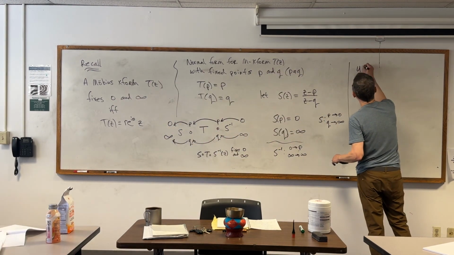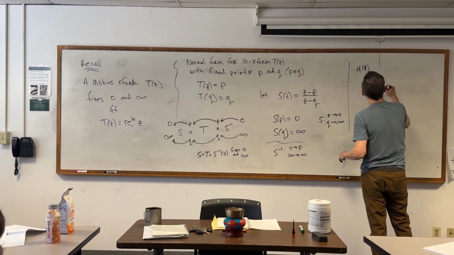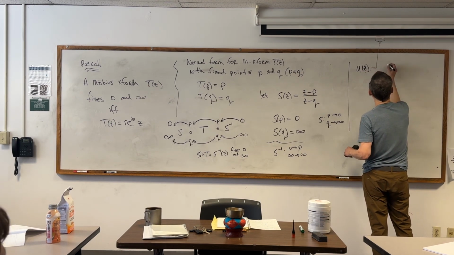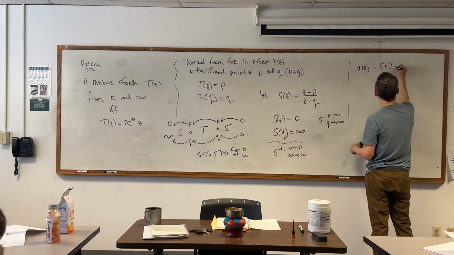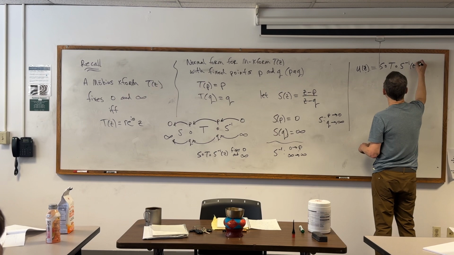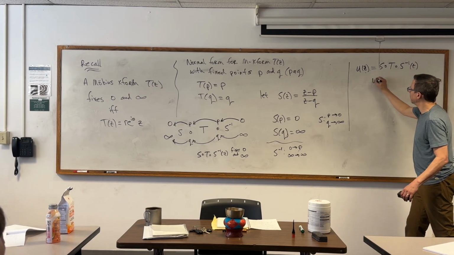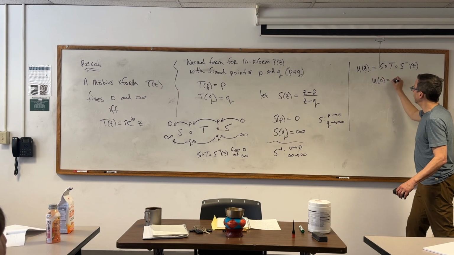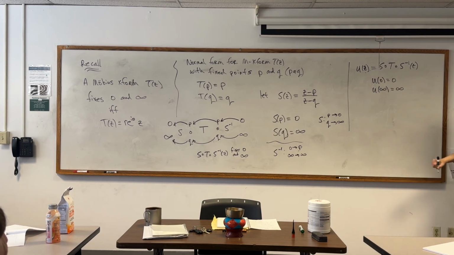I'm going to let that be this U of Z. I think I'm just using book notation here. So U of 0 is 0, U of infinity is infinity.